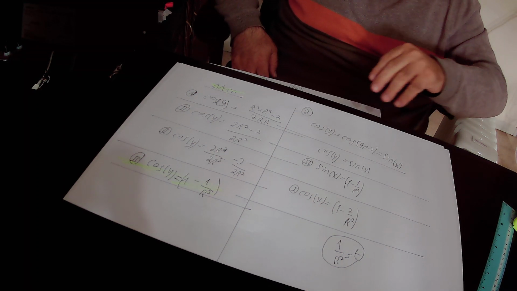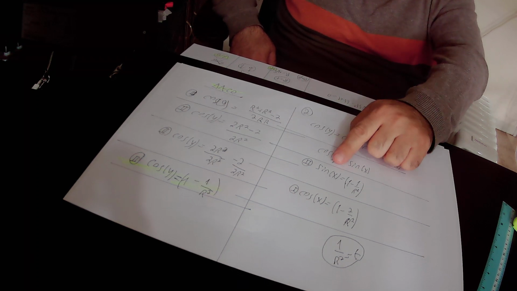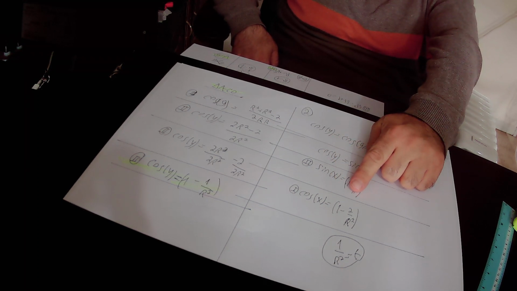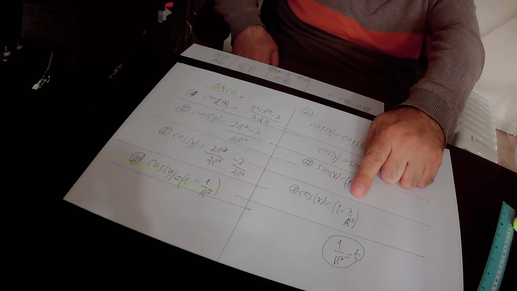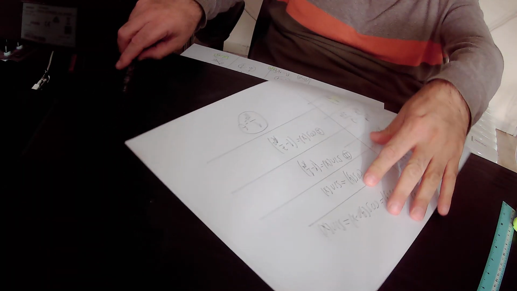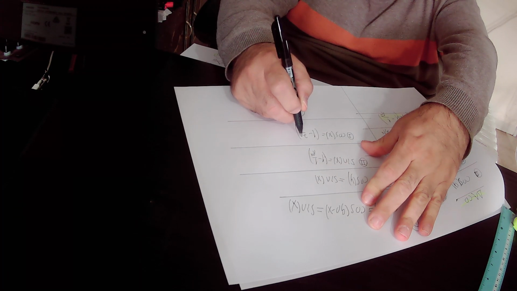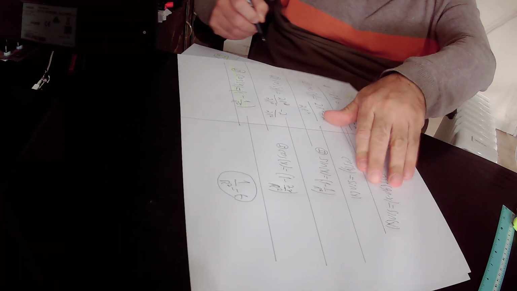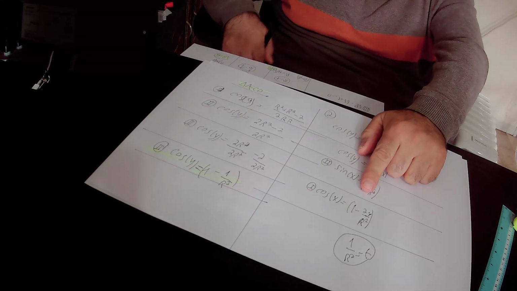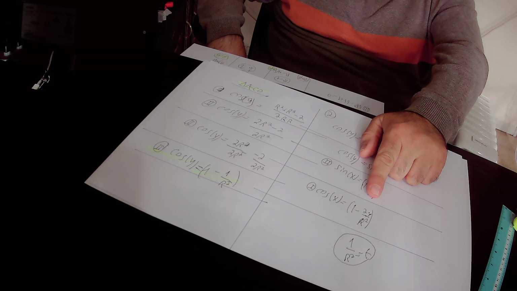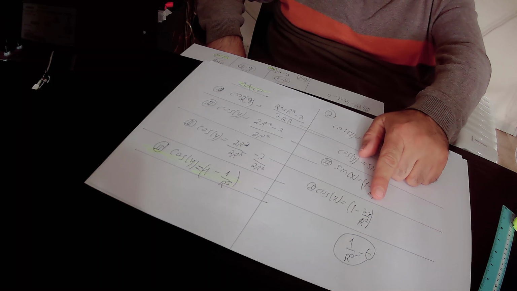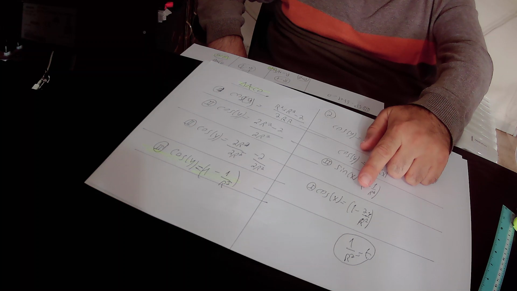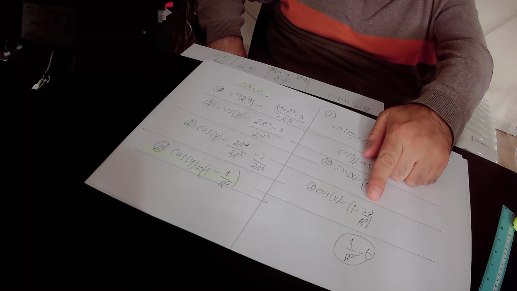So here we have cosine x equals 1 minus 2t, or cosine x equals 1 minus 2 times 1 over r squared. And 1 over r squared is t, therefore this expression will be equal to minus 2t.